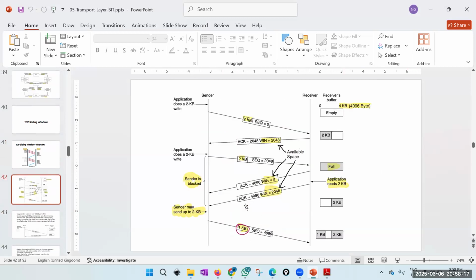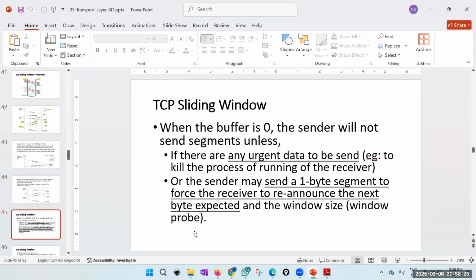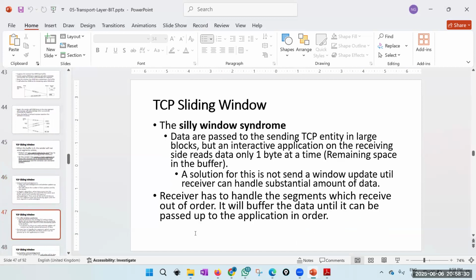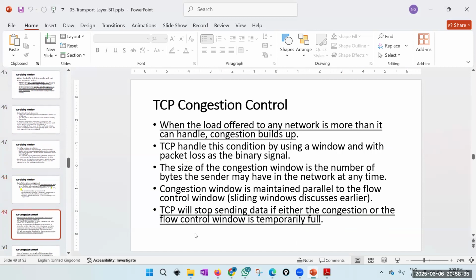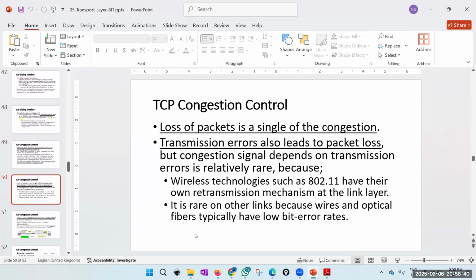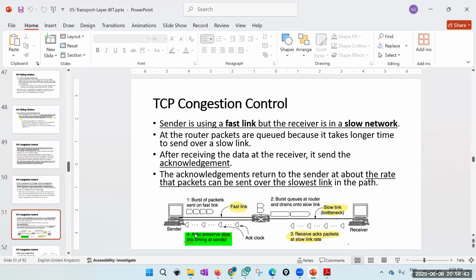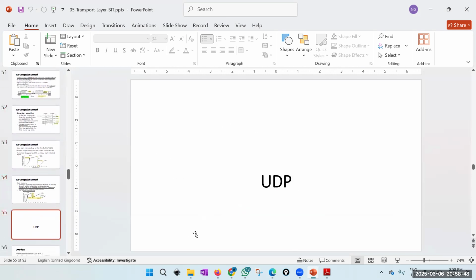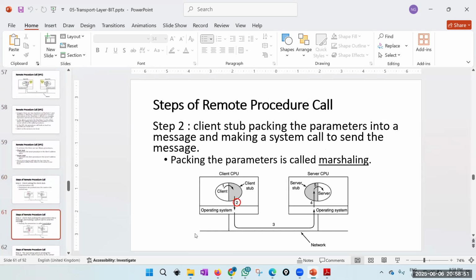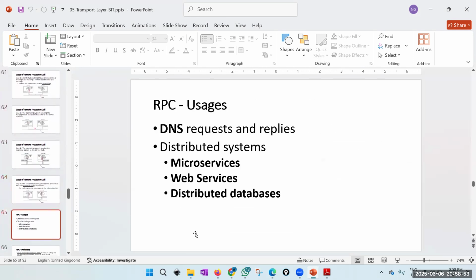What happens if we do not get the acknowledgement? We need to resend. I don't think that it is mentioned in our note. I think I should add that also there.